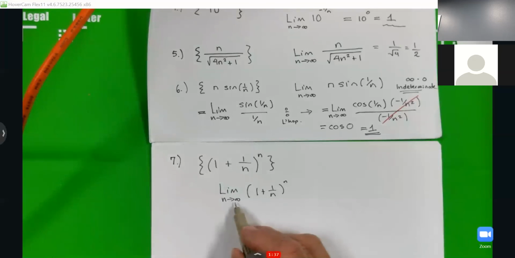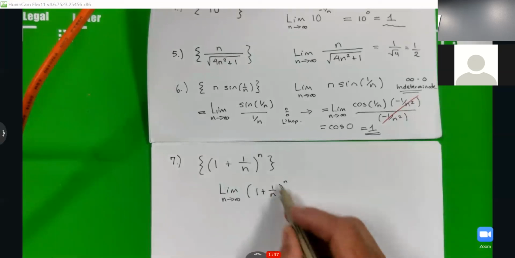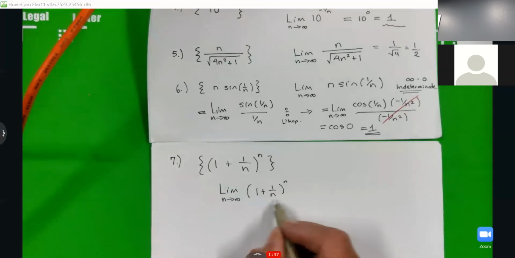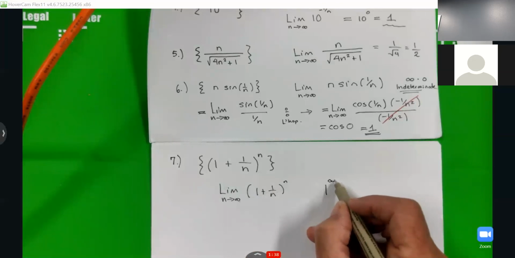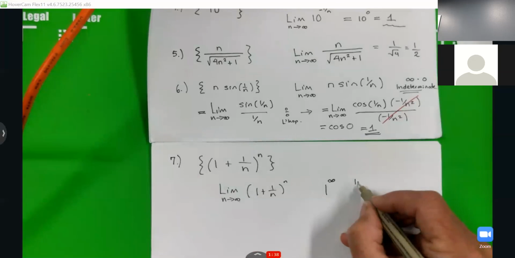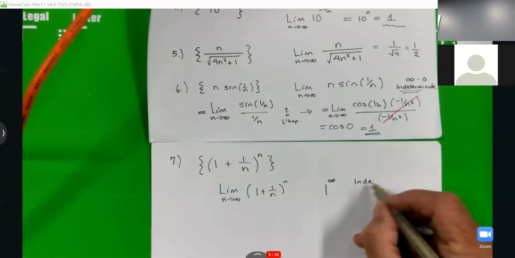Right? This has, as n goes to infinity, 1 over n goes to 0. So the stuff in the parentheses behaves like 1. The exponent behaves like infinity. This is an indeterminate form of exponential type.